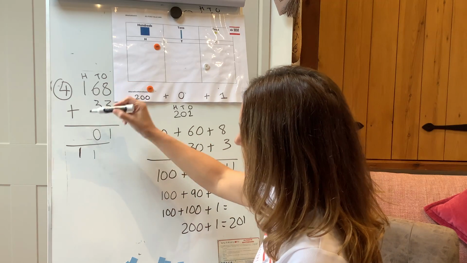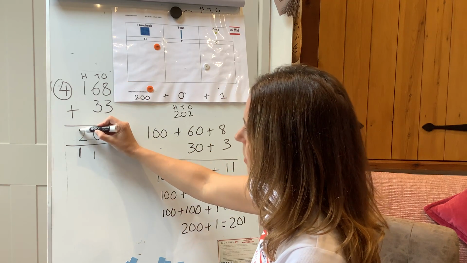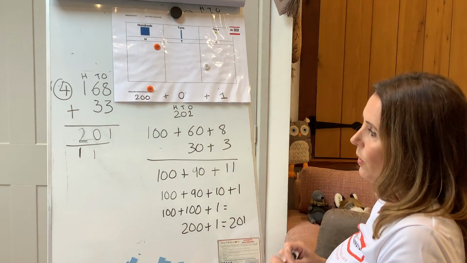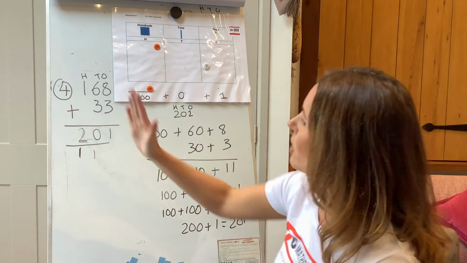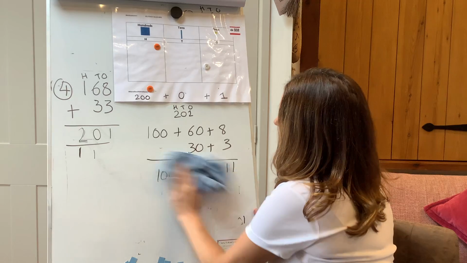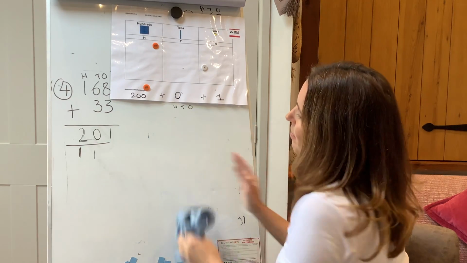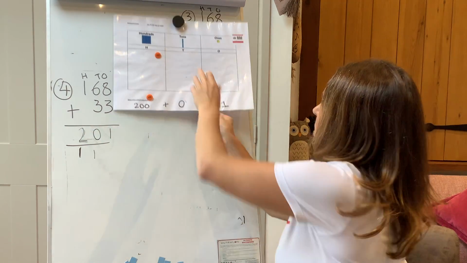We've got 100 and 100 makes 200, so we've got 201 altogether. So be really careful when you're exchanging over with two exchanges, remember to add your ones on as well.